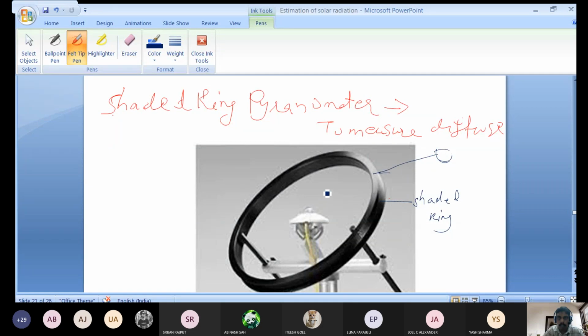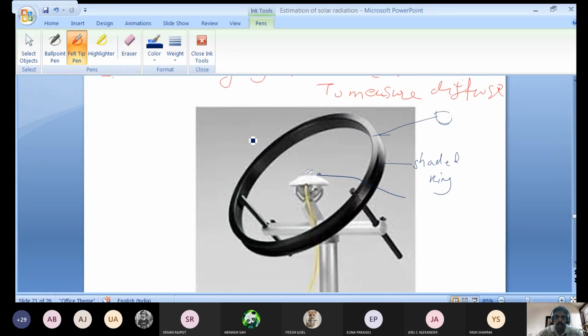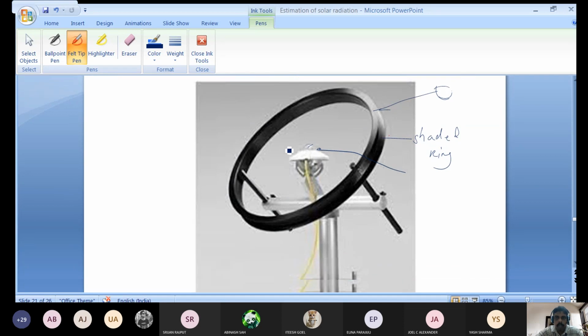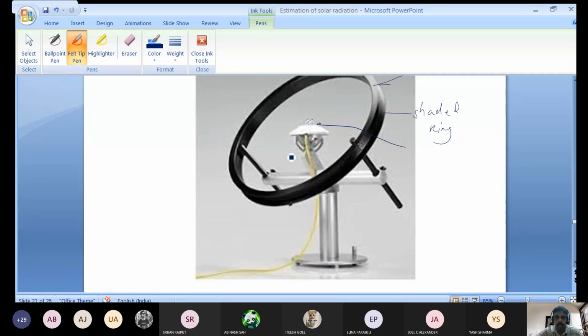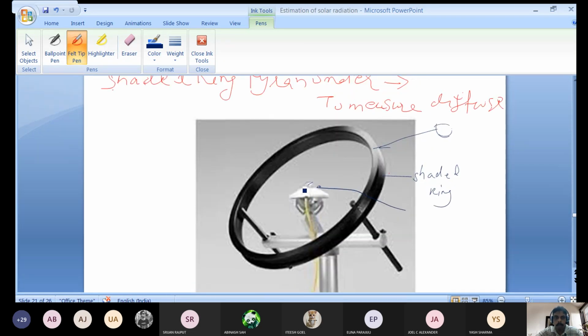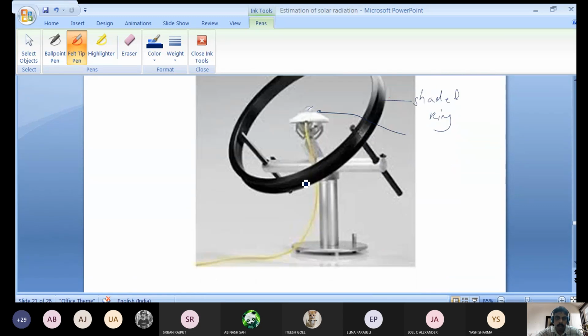It will not get a hit here. So whatever radiation coming and hitting here will be from the side. That means diffuse radiation. So it will measure only the diffuse radiation. So working principle everything same as pyranometer, but we are allowing only diffuse radiation, not the beam radiation. Okay, is it clear?